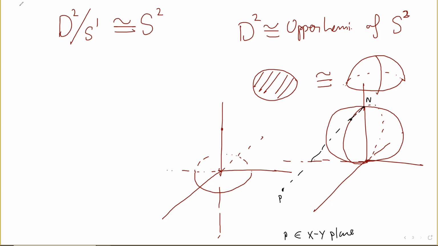So what this is giving you is a map from R2 to S2. But let's try to be slightly imaginative and see if we can get a map from D2 to S2.